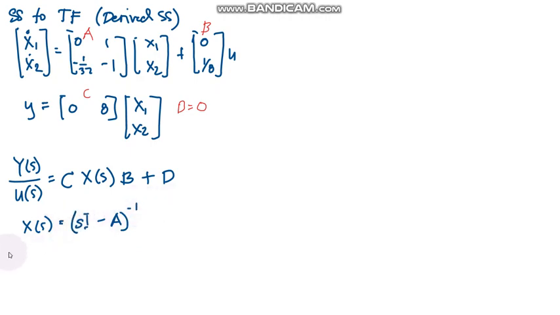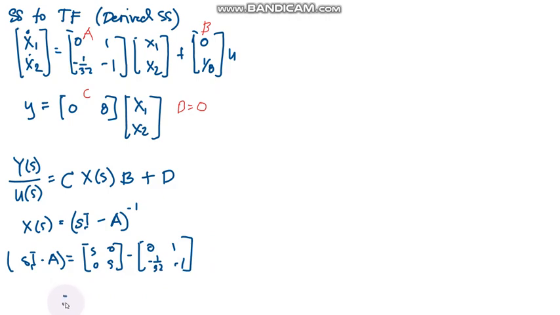Okay, and so our sI minus A is equivalent to the sI for a 2 by 2 matrix, because our A is a 2 by 2. That will be s, 0, 0, s, minus the matrix A, which is 0, 1, negative 1 over 32, negative 1.